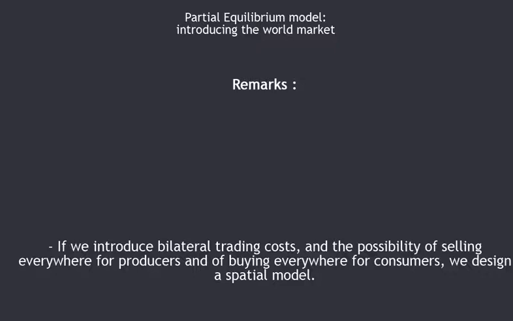We can change the program, introduce bilateral trading costs, but also the possibility for each producer to sell everywhere their products, locally, but also in any place. And of course for consumers to buy everywhere what they want to buy. So it means that we would have bilateral relations of exports and imports, and this is what we call a spatial model.